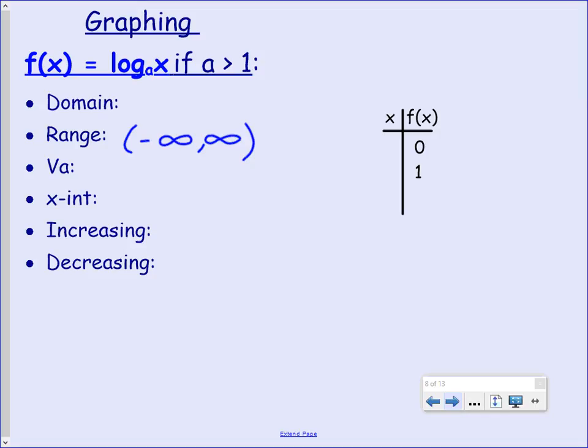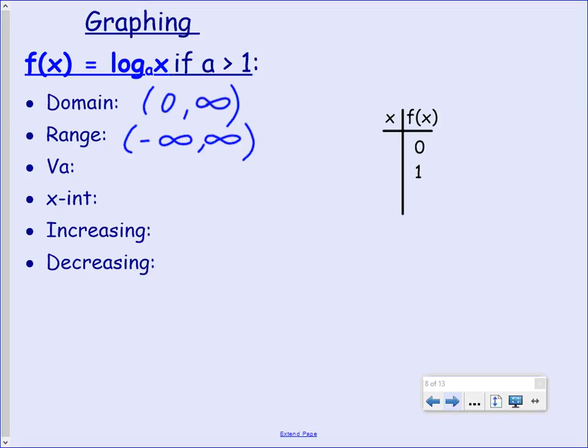So your domain for a very basic logarithm graph is always going to be 0 to infinity. You can test this by using your common log button on your calculator or your natural log button and try doing a log of a negative number. Like do log of -3 and it will say domain error. You can't take logarithms of negative numbers.